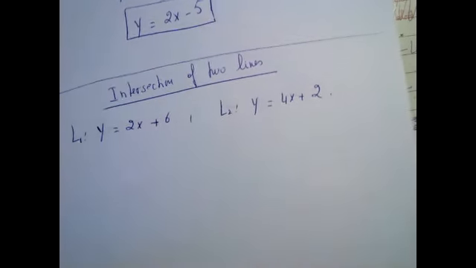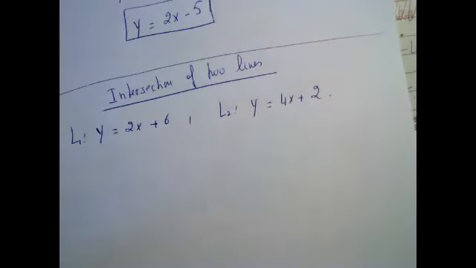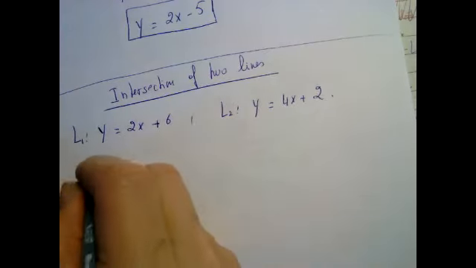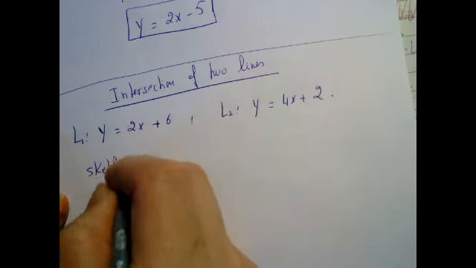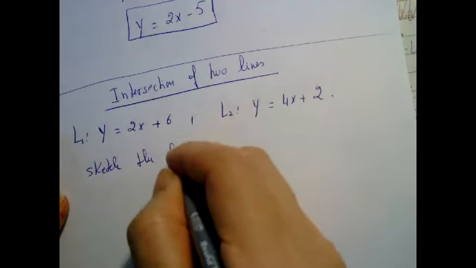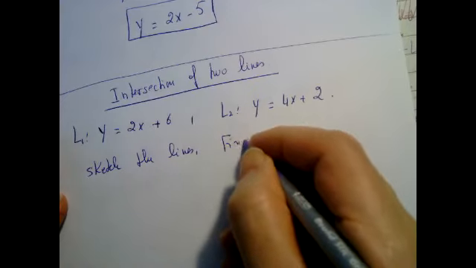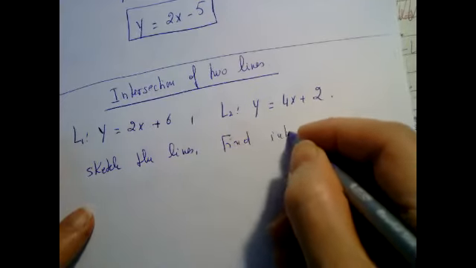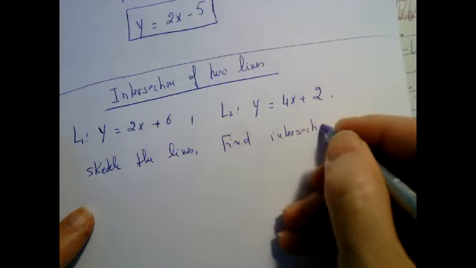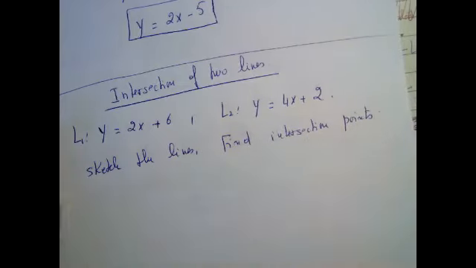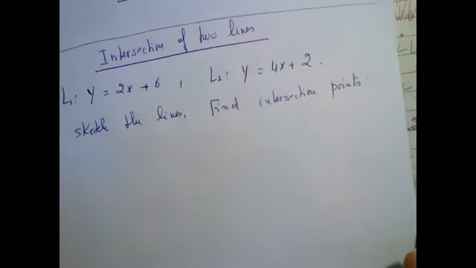So the question is, sketch those lines, both, and then find their intersection point algebraically. It means where they cross, where they meet. Algebraically, we're not going to do it by picture.